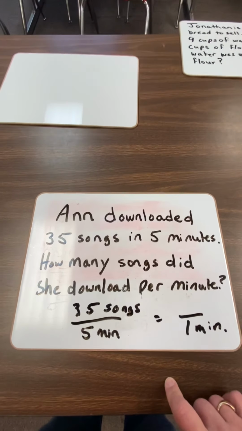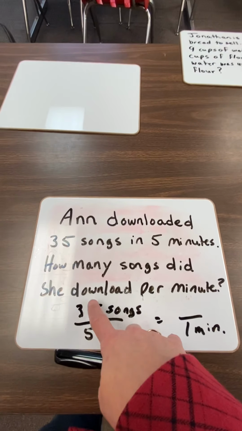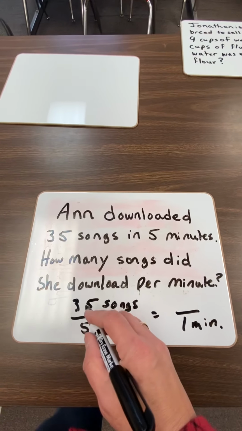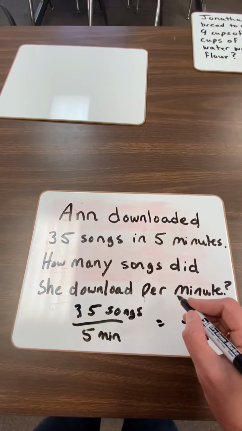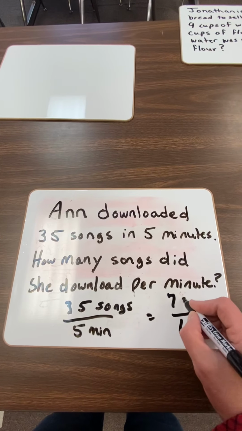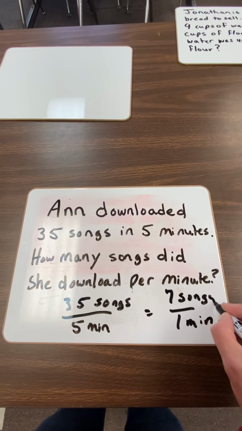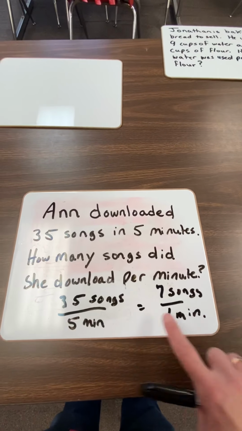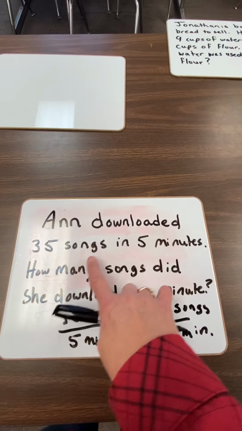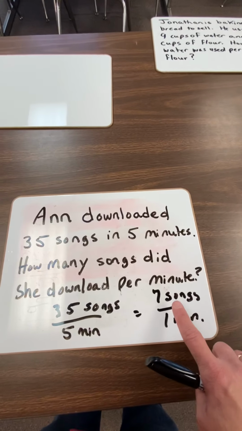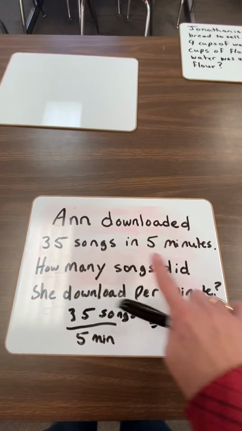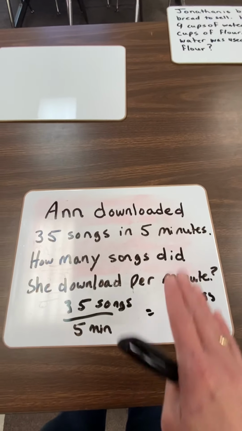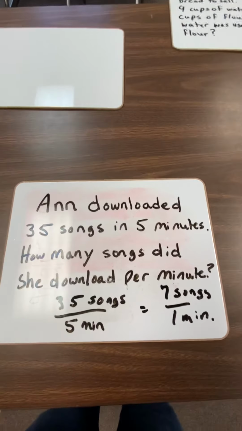So 5 divided by 5 gives you 1. So 35 divided by 5 gives you what? 7 songs. So let's see if it makes sense. If she can do 35 songs in 5 minutes, 7 songs per minute makes sense within the problem. Always make sure your answer makes sense within the problem.